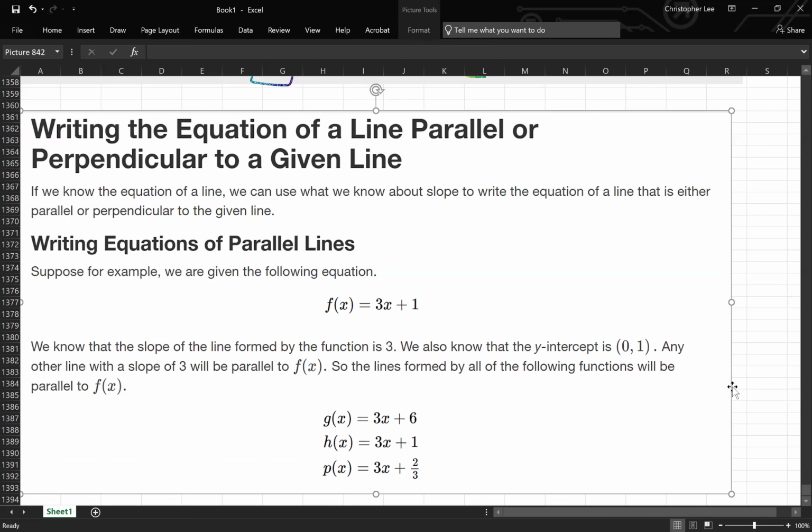We know that the slope of the line formed by the function is 3. We also know that the y-intercept is (0, 1). So any other line with a slope of 3 will be parallel to f of x.